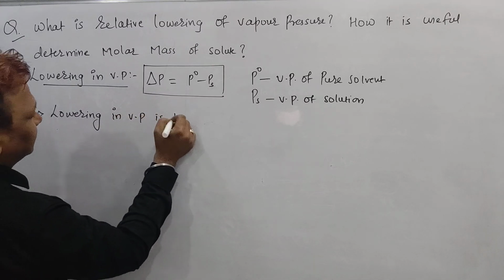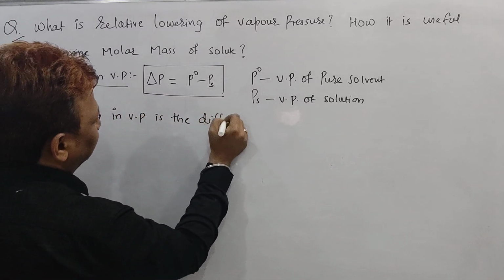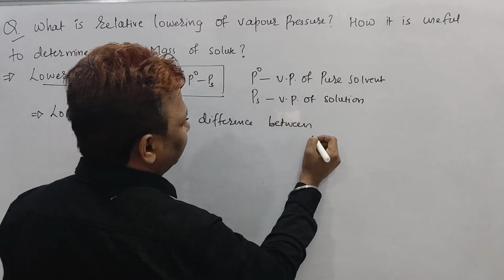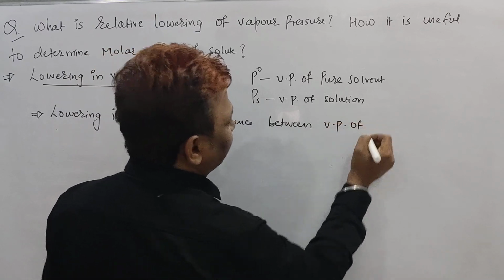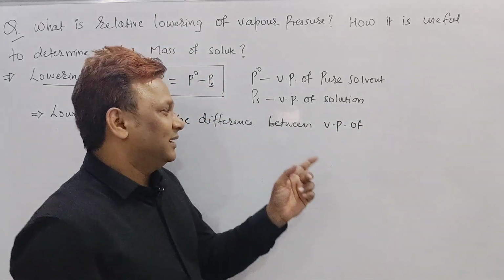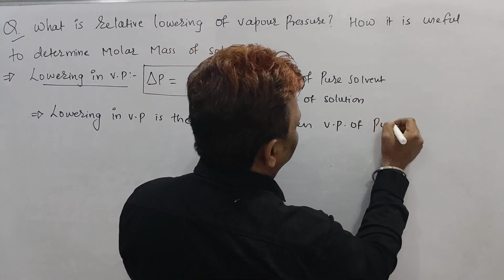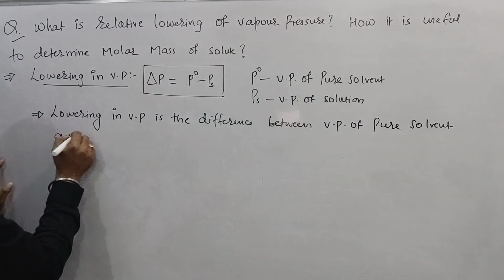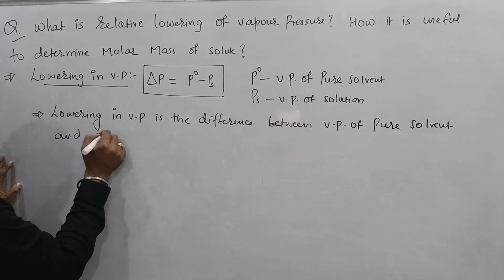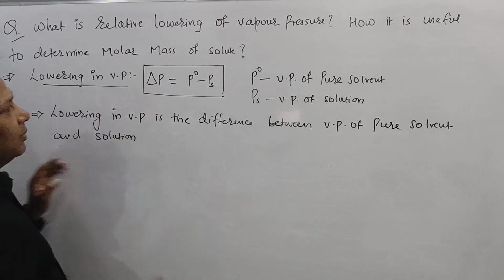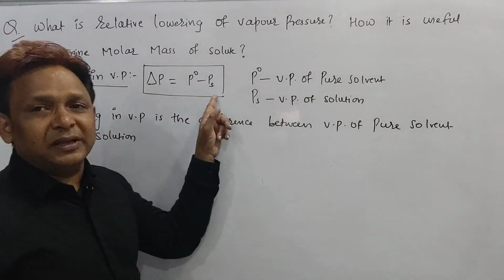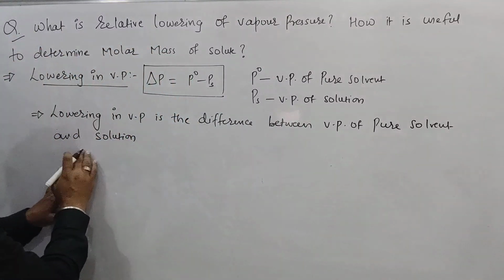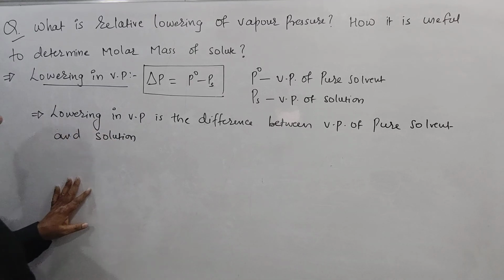Is it clear? P naught is the vapor pressure of pure solvent and Ps is the vapor pressure of solution.